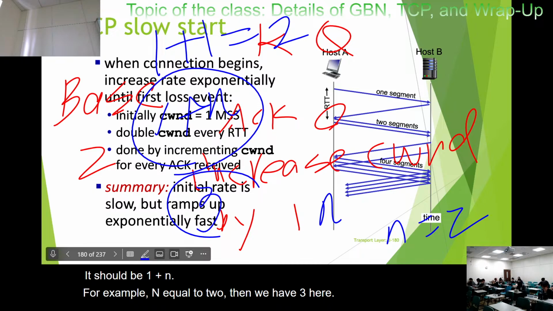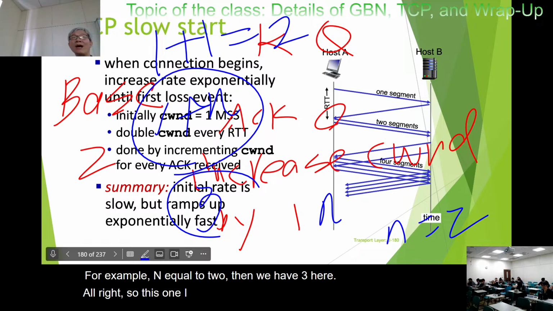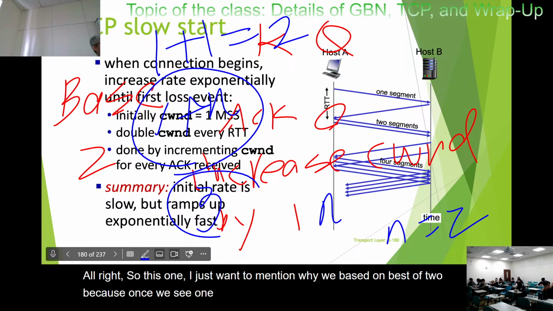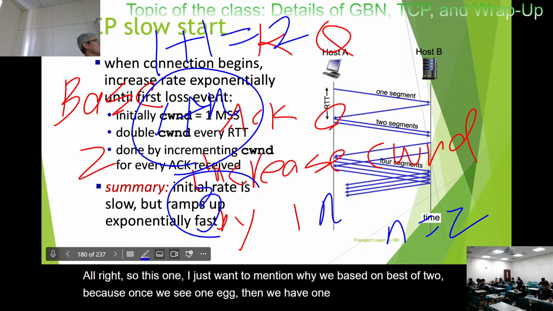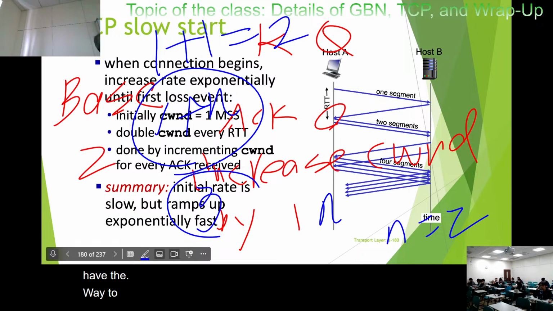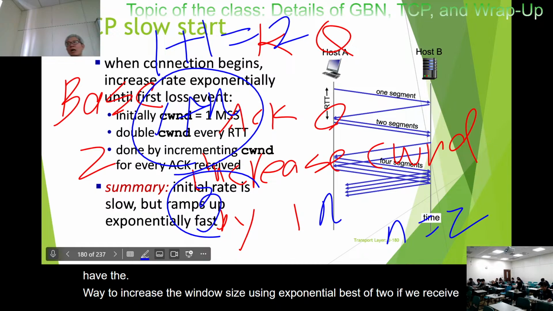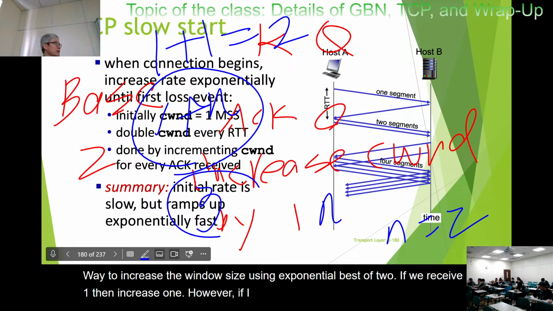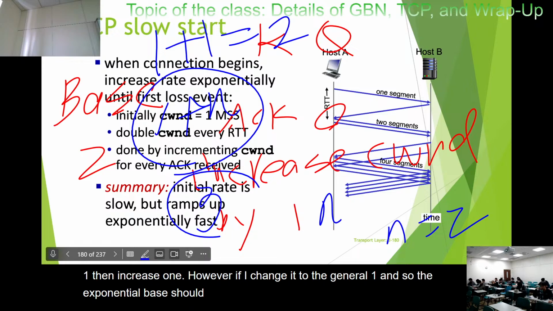Alright, this is just something I want to mention. Why do we use base 2? Because once we receive 1 ACK, we have 1 plus 1 for the first one. Then you have the way to increase the window size exponentially based on base 2. If we receive 1, then increase 1. However, if I change it to the general n, the exponential base should be 1 plus n.